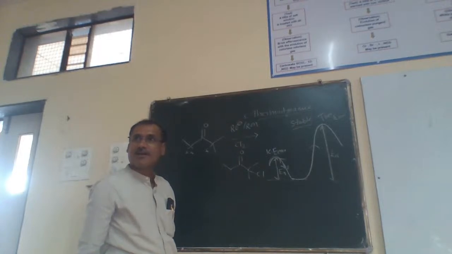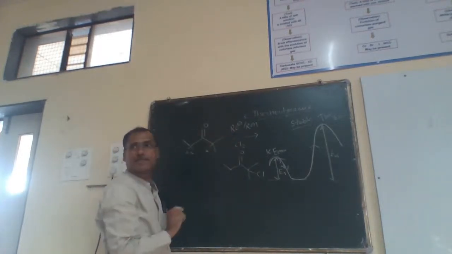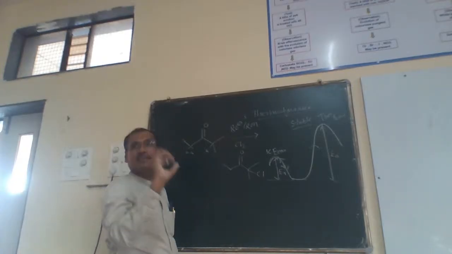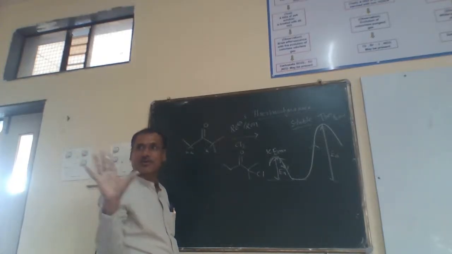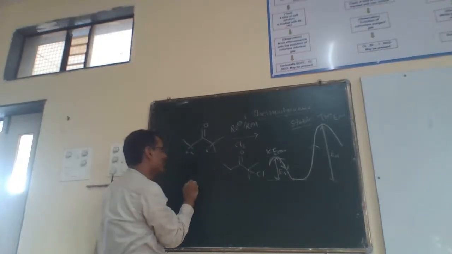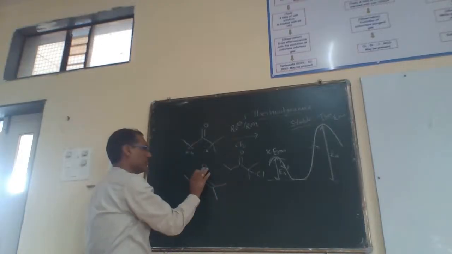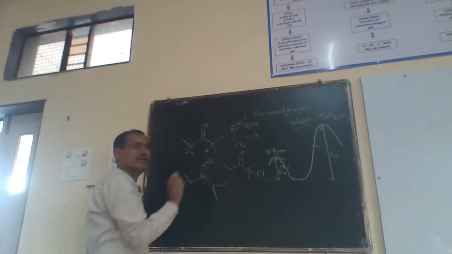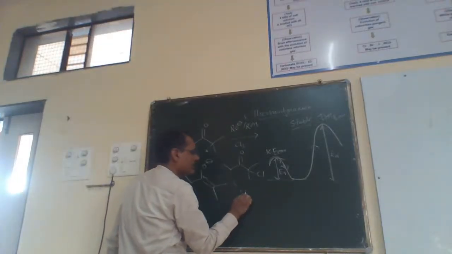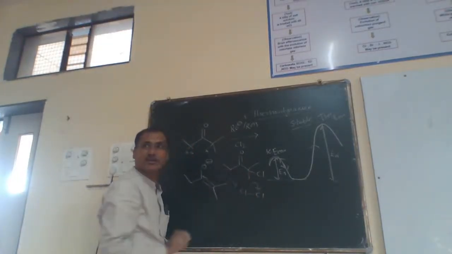Because I have used a non-bulky strong base, it will take away this proton to form the more stable enolate. This enolate eventually attacks the chlorine to form this molecule.